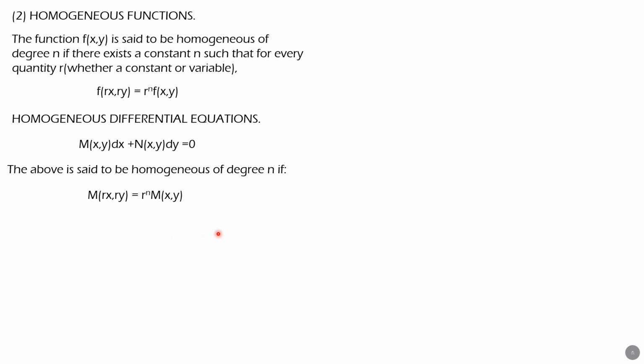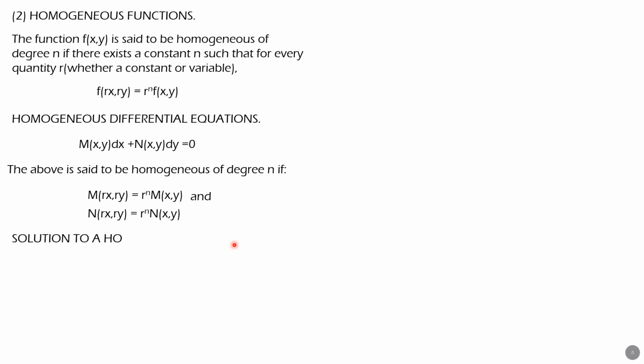So how do we solve a homogeneous differential equation? It is solved by using one of the following substitutions.